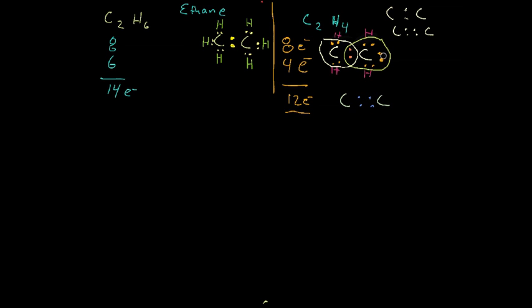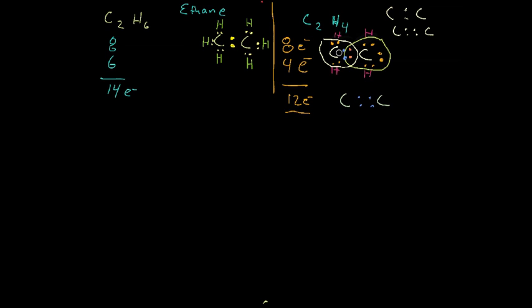Basically, I've got to bring 2 electrons from the outside of carbon in order to make this a double bond right there. It wouldn't make sense for me to take these 2 or those 2 from this side, because this side only has 6 valence electrons.